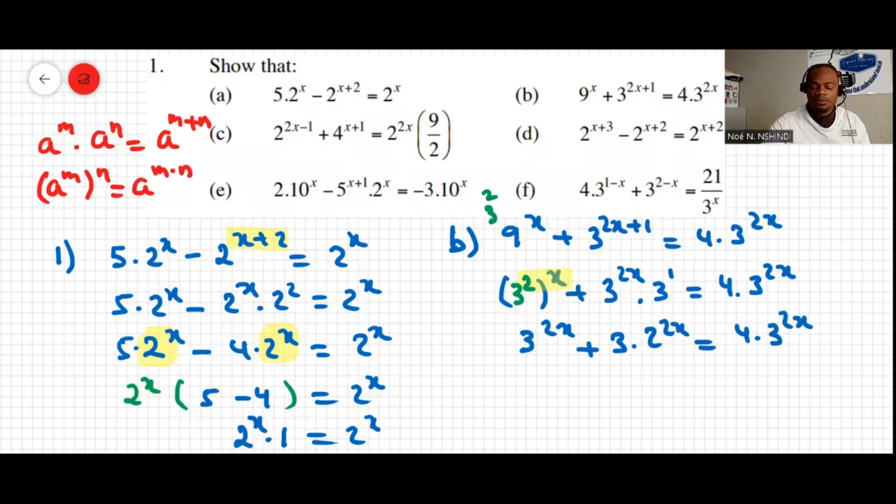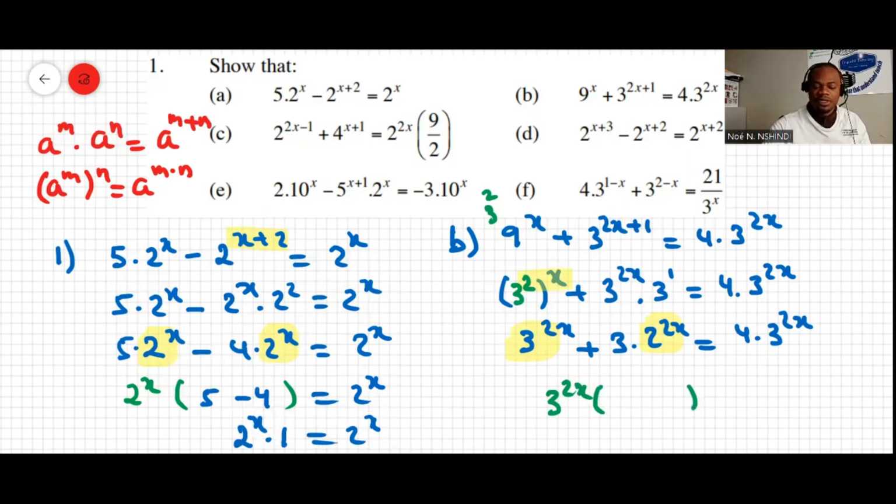Okay, now I can say there is an invisible 1 here. 3 to the 2x is the same thing as 1 times 3 to the 2x. So we can say 1 plus 3, which is 4, or I can just factorize, because of course there's that invisible 1 there. I can take the common factor, 3 to the 2x, and factorize.